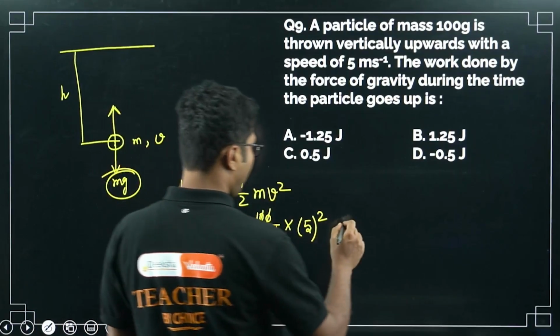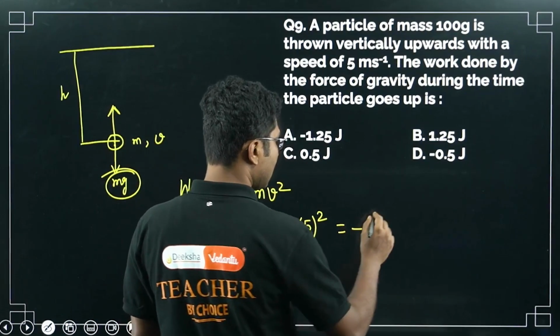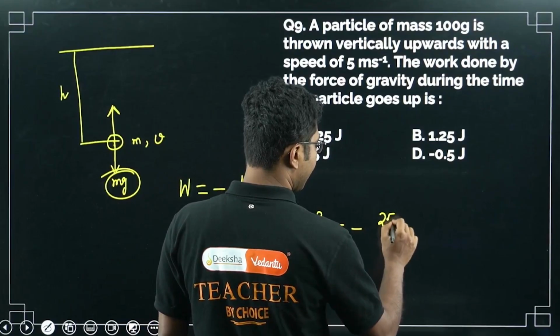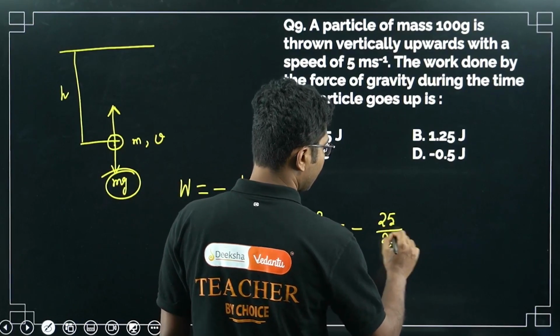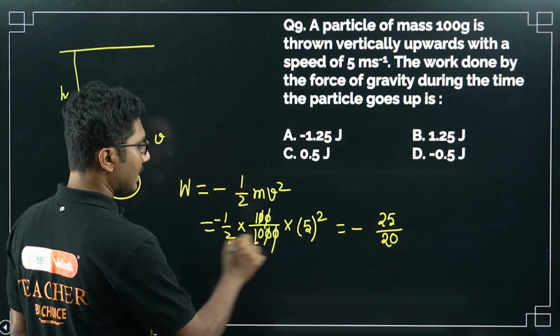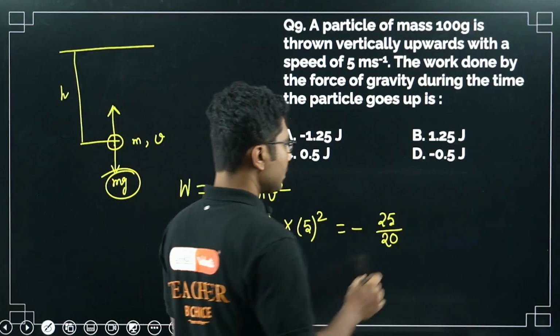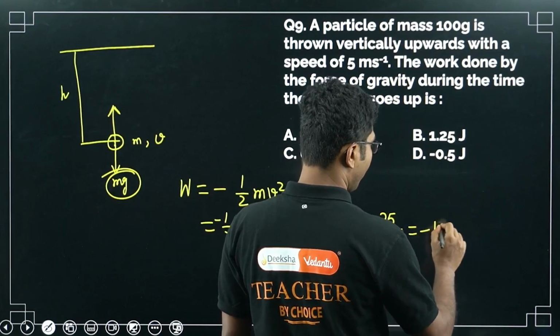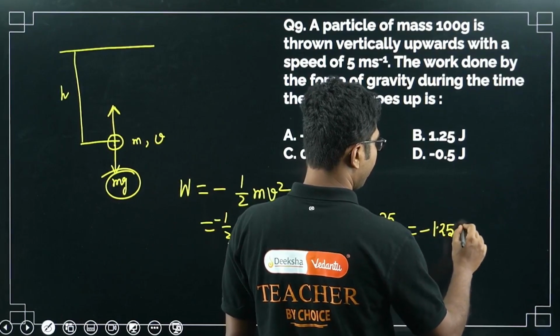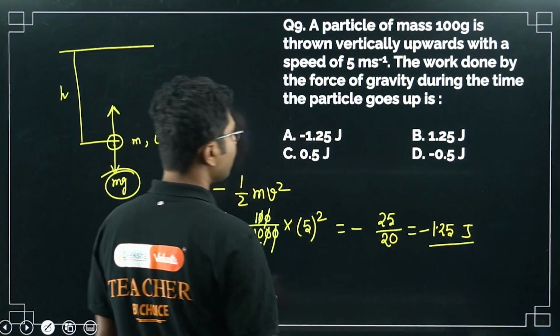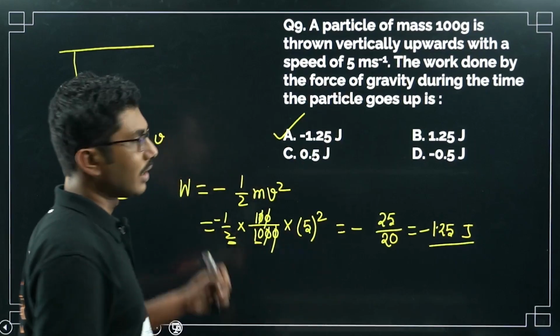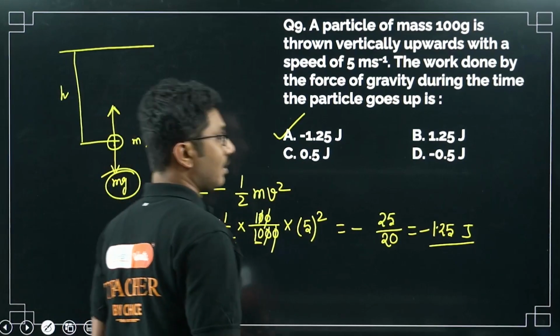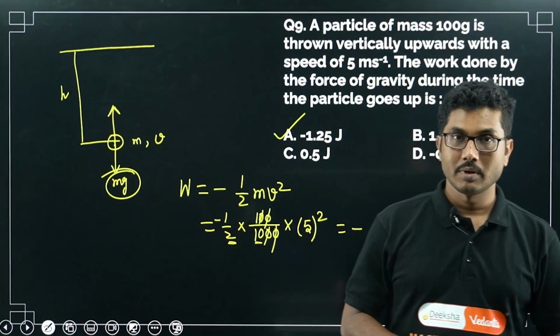It will be minus 5 5s are 25 divided by 20, 2 here, 10 here, so it will be 20. So this will be minus 1.25. So minus 1.25 joule is the work done by gravity when it is going up.